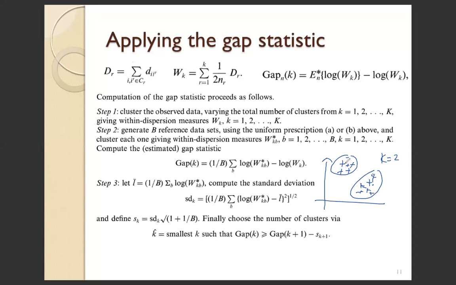Your within dispersion will be, let's say, you take the centroid and then find the distances from the centroid. This will be the dispersion measure. A cluster that is compact will have a smaller dispersion compared to a cluster that is non-compact.